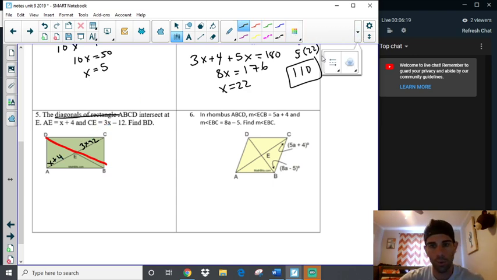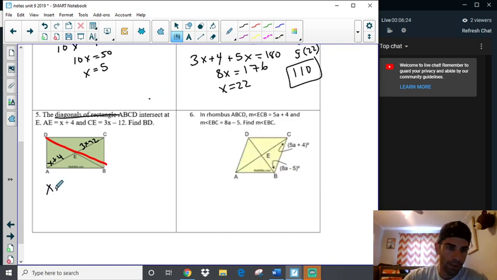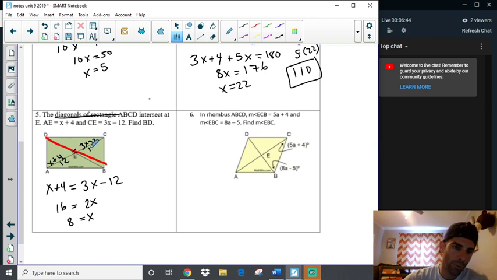So again, to do that one, first we're going to find AC. Because the diagonals bisect each other, I can say that x plus 4 equals 3x minus 12. So 2x equals 16. X is equal to 8. Which means 8 plus 4 is 12. AC equals 24, which means BD is going to equal 24.